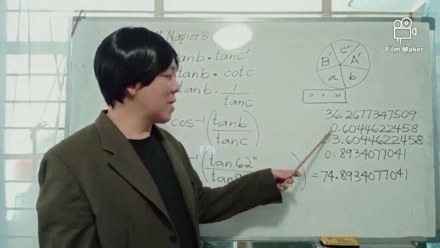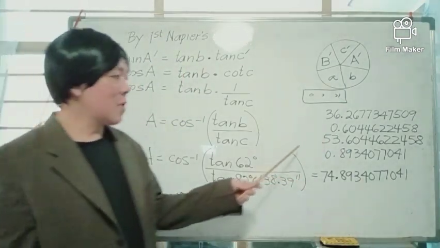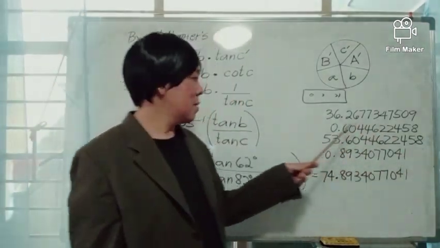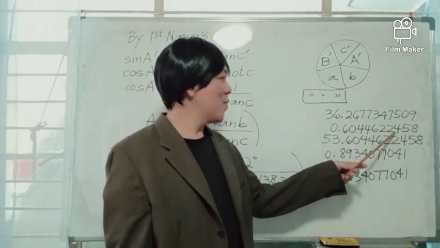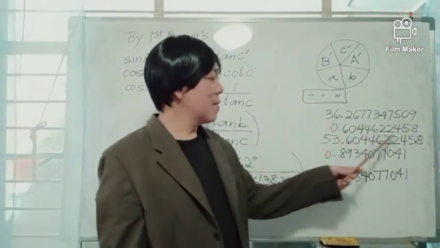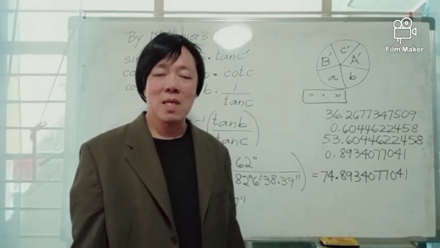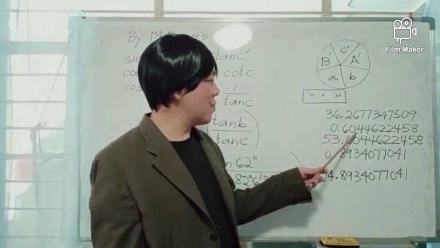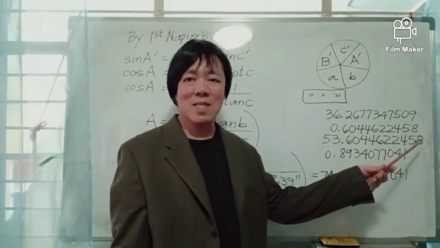And take the whole number again, 53 minutes. And subtract 53 from this number. You should get 0.6044622.458 minute. And we will convert this minute to seconds. And we take 1 minute equals 60 seconds. Thus, we multiply 0.6044622.458 minute by 60.